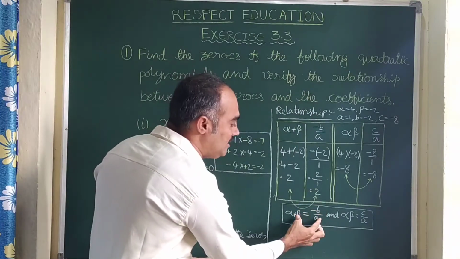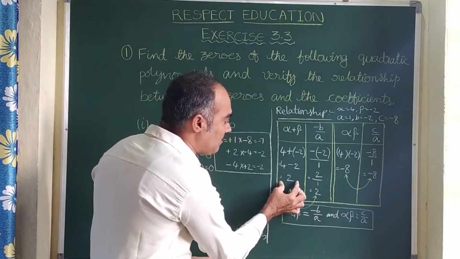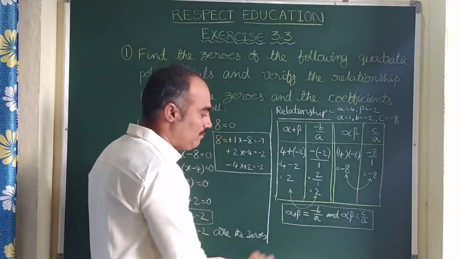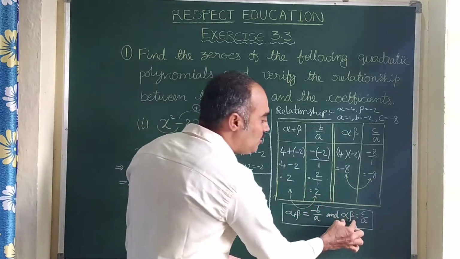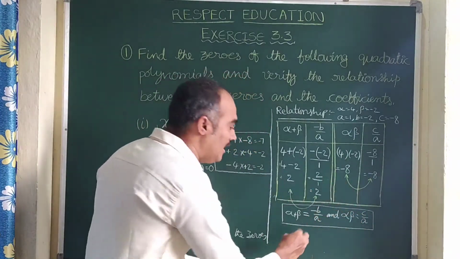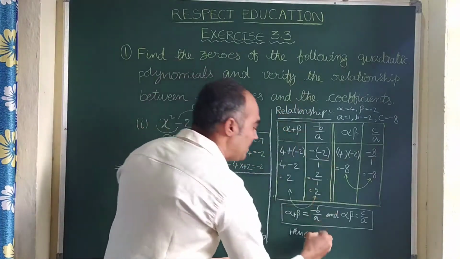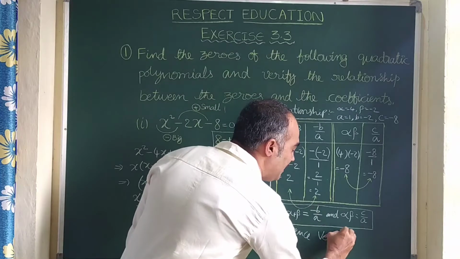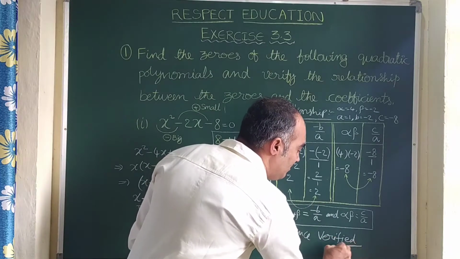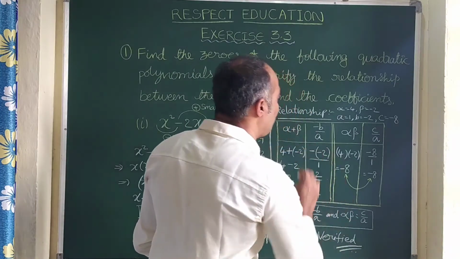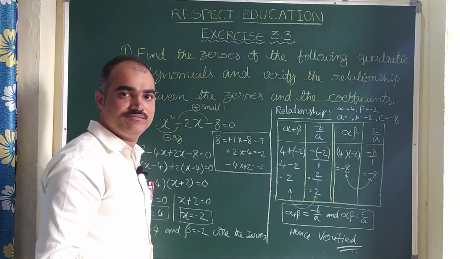We got alpha plus beta value and minus b by a value, both are equal. Alpha into beta value and c by a value, both are equal. Hence the relationship is verified. With this, this bit gets completed.